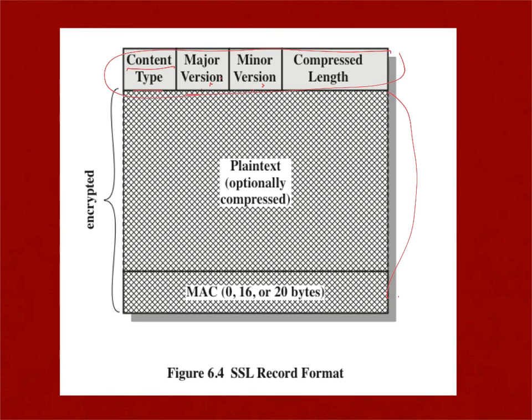Then the compressed length. Why do we need the compressed length? It refers to the length of the compressed data. Why? Because there could be some part here that's not part of the data.